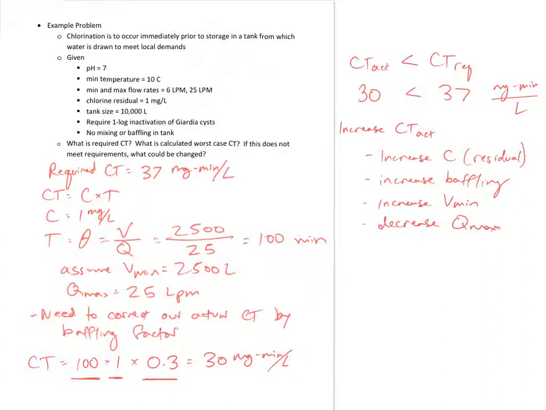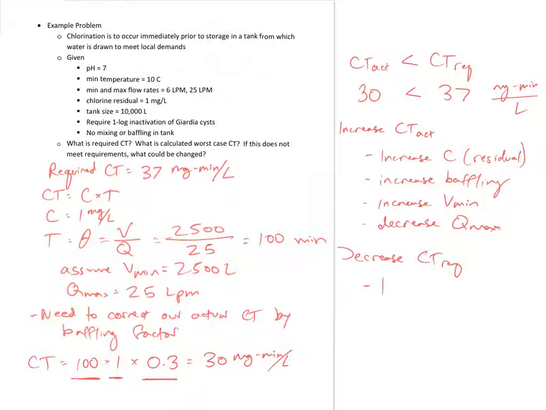The other way we could do this is we could decrease CT required. How do we do that? Well, we need to either change the pH or change the temperature, because we can't change the Giardia inactivation required.